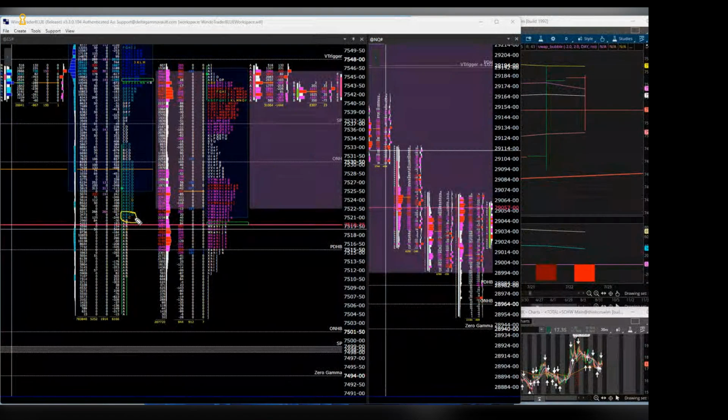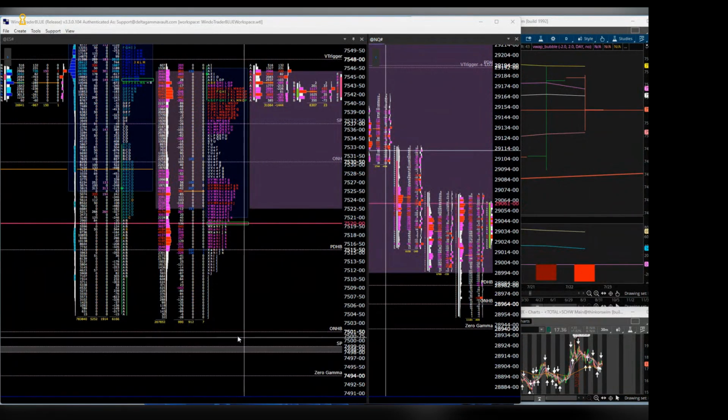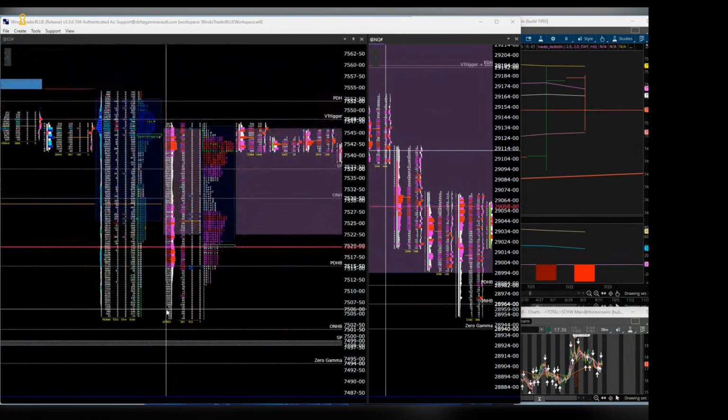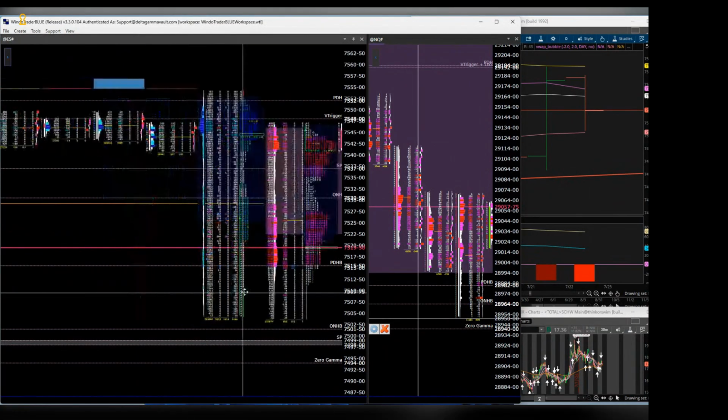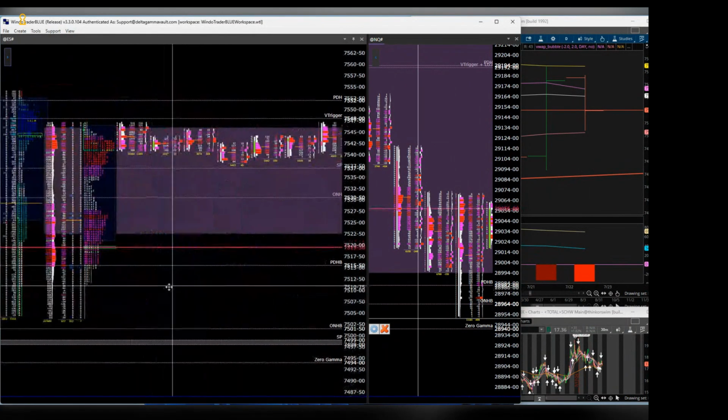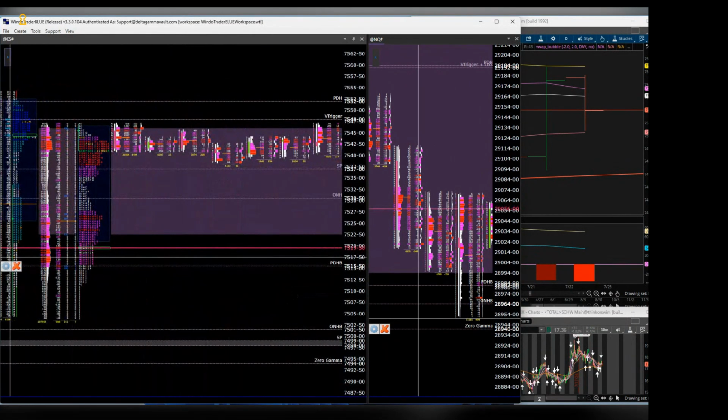But remember that it was nothing more than short covering or old business. It's very important to understand what was going on so you don't misinterpret price movement as a strong market. Now, as we come into this morning, we have overnight inventory once again that is short.